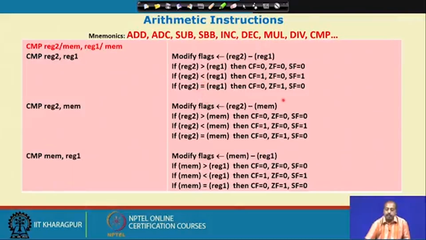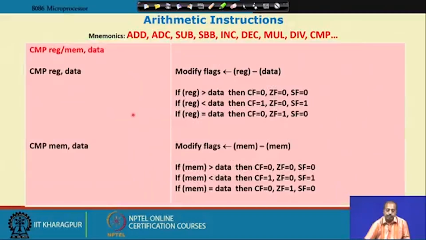And for the equality condition, the carry flag is 0, sign flag is also 0 and the zero flag is set to 1. So, with that you can have instructions like jump on zero after the comparison instruction. The rest of the things are similar. So, we have this comparison where one of the operands may be memory.